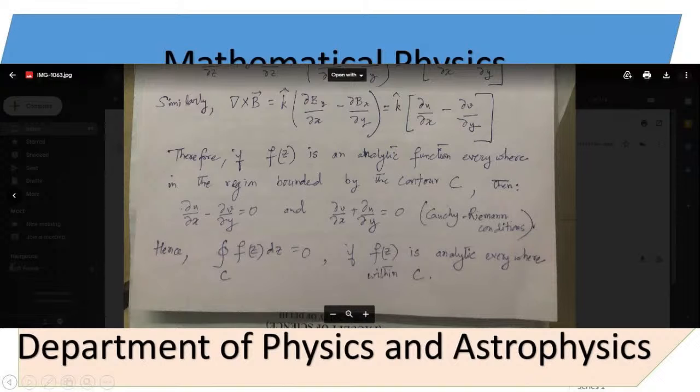But in the case of a complex function, because now you have a two-dimensional plane, when you're taking df by dz, you have to be sure that the derivative makes sense no matter in which direction you approach the point z0. And the moment you give the constraint that df by dz should be independent of how you approach the point z0, you obtain the Cauchy-Riemann condition.